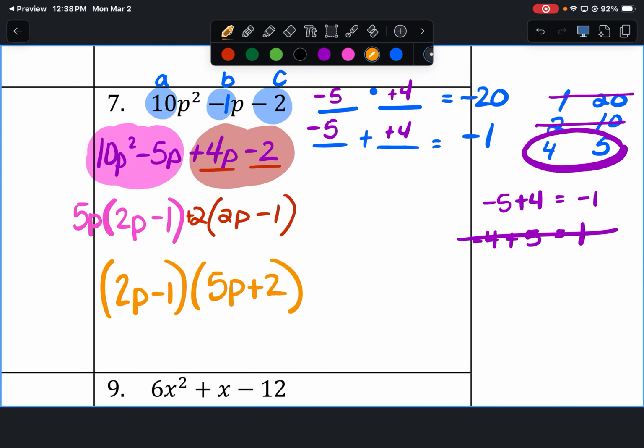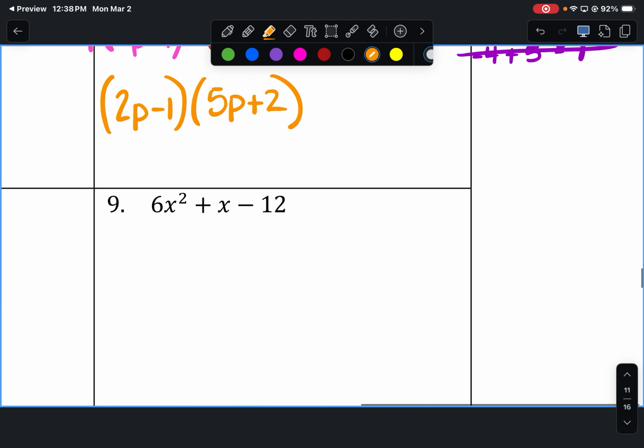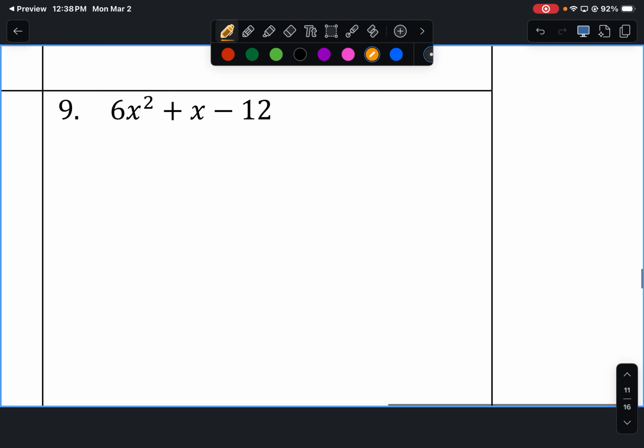All right, for number 9. For number 9, what is our A term? 6. What is our B term? 1. It is understood to be a 1 right there.